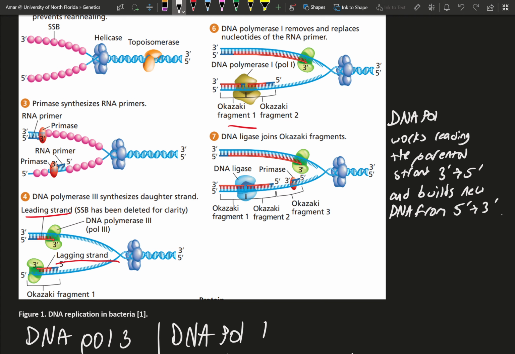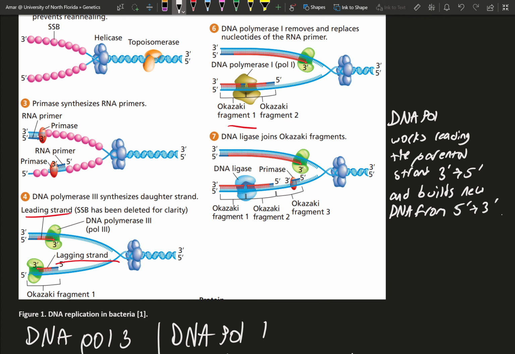Because they work in opposite directions, now you have something called a leading and a lagging strand, okay? One of these strands is going to be leading, which is continuous, because it fully synthesizes and follows the directionality of helicase.